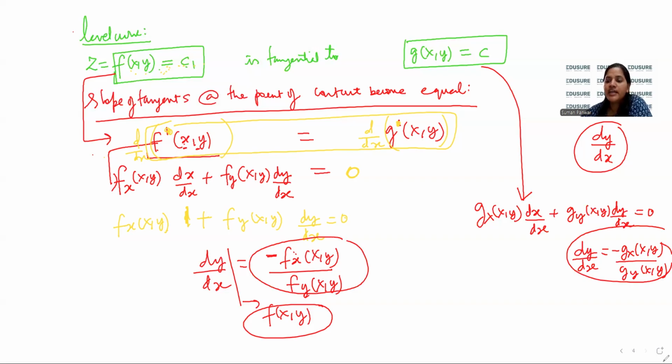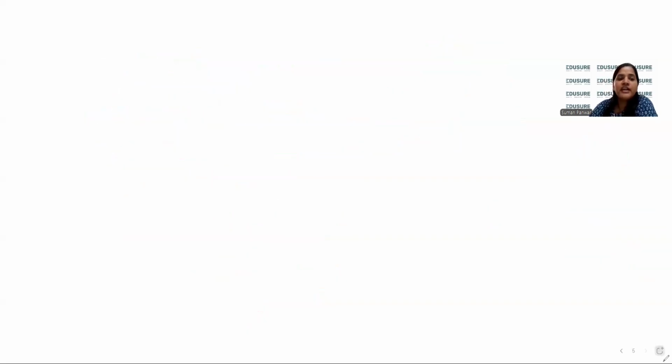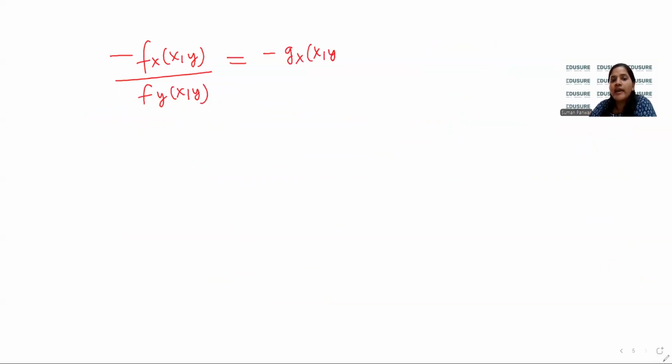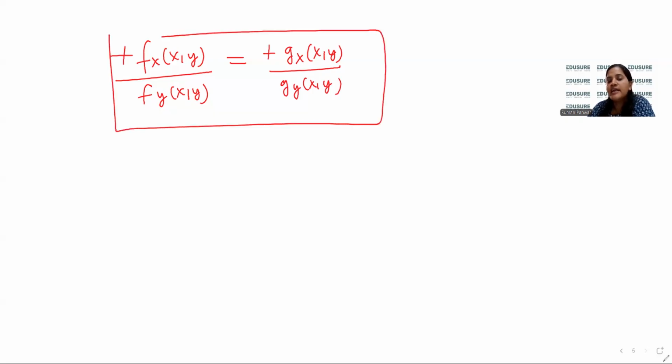The condition that we have got is minus fx(x, y) divided by fy(x, y) should be equal to minus gx(x, y) divided by gy(x, y). Okay. So basically, this is our necessary condition for optimal value.